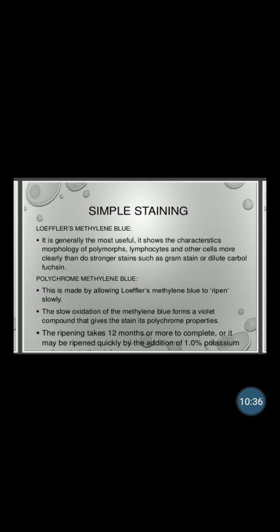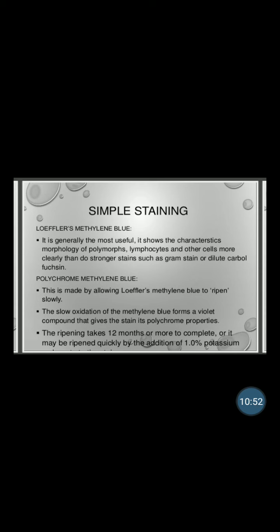Second, polychrome methylene blue. This is made by allowing the Loeffler's methylene blue to ripen slowly. The slow oxidation of methylene blue forms a violet compound that gives the stain its polychrome properties.